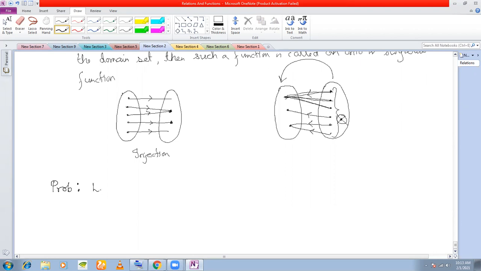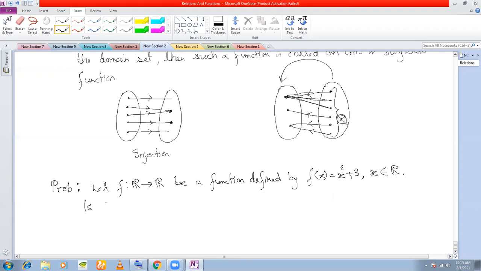So I say let f: R to R be a function defined by f(x) is equal to x square plus 3, where x belongs to R. The question is, is f a surjection?